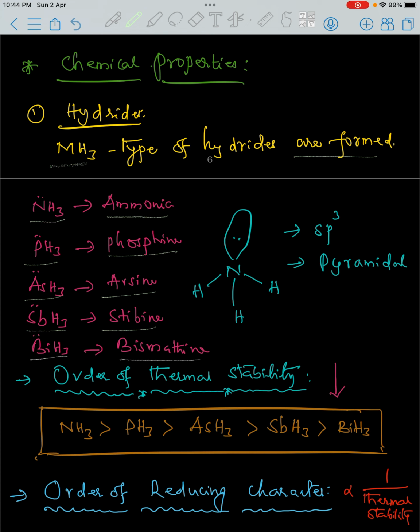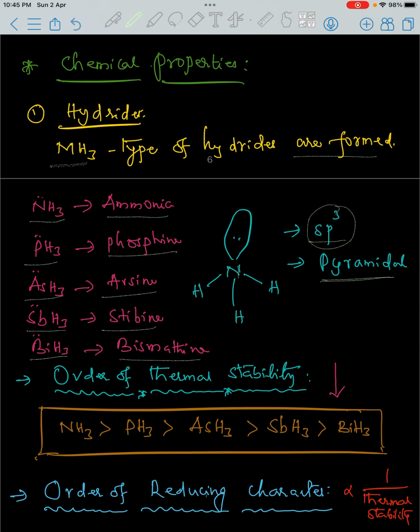The structure of these hydrides is pyramidal. The hybridization of the central atom, the 15th group element, is sp3 in the hydrides, and the shape of the molecule is pyramidal. Next, the order of thermal stability. The thermal stability of the hydrides of the 15th group elements decreases down the group.